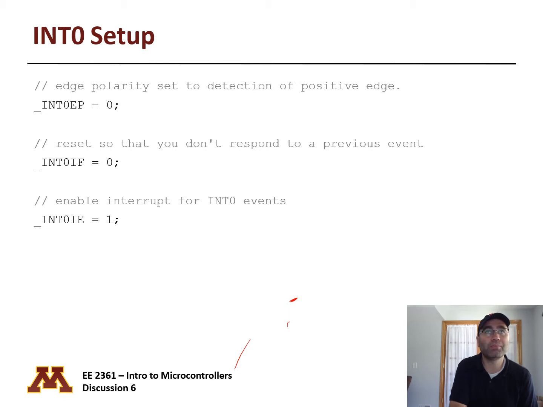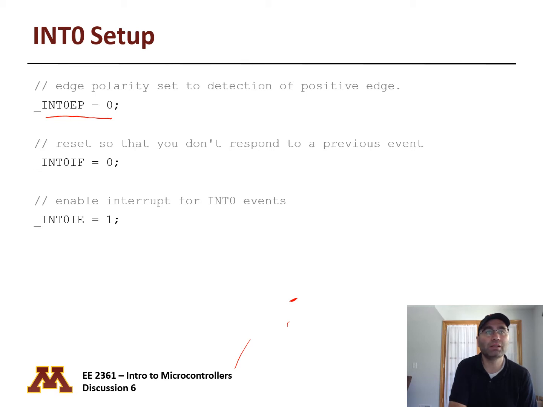This helps us set the polarity of detection. Do we want to detect the positive edge, the negative edge, or both? This takes care of that. So we want to detect the positive edge.